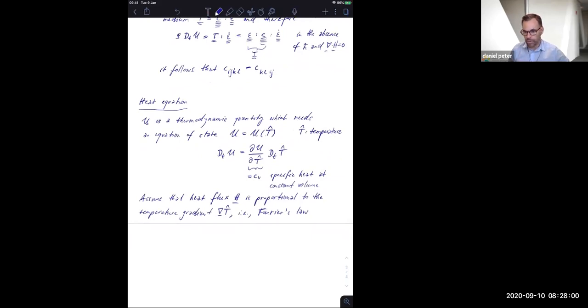So Fourier's law states basically that heat flux H is opposite to the gradient of the temperature times a factor, and it's linearly related by, let's say, kappa, where kappa is the conductivity of the material.